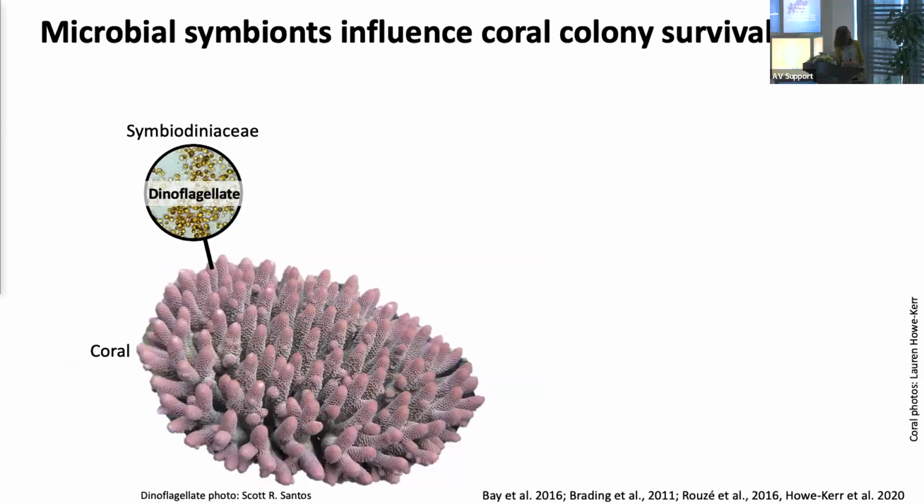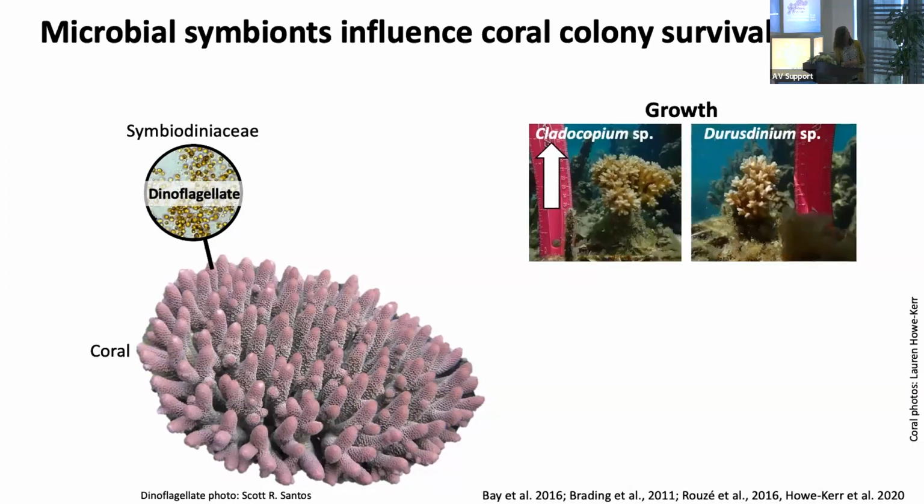Okay. So as I was just saying, Symbiodiniaceae can influence coral colony survival and function. As an example, folks have talked about how you can break these coral animals apart and then manipulate the different pieces with the microorganisms they contain.